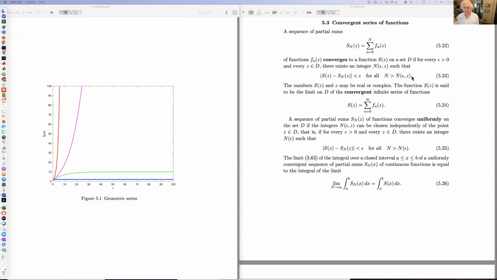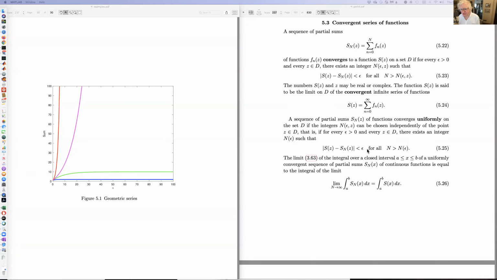Now these numbers s of z, which are the limit, and z can be either real or complex. And the function s of z then is said to be the limit on D of the convergent infinite series of functions, like that.